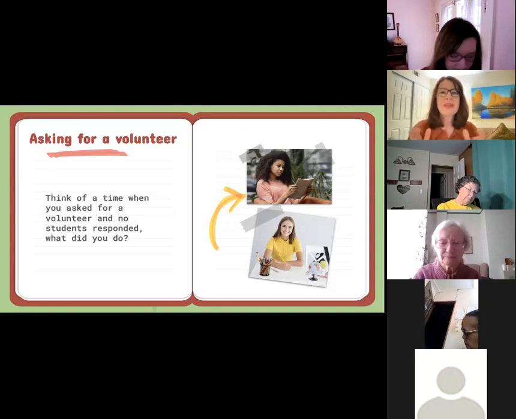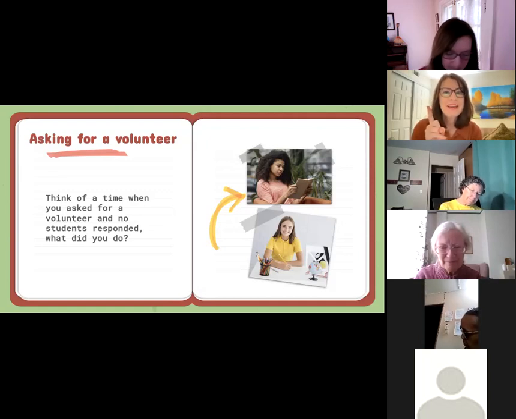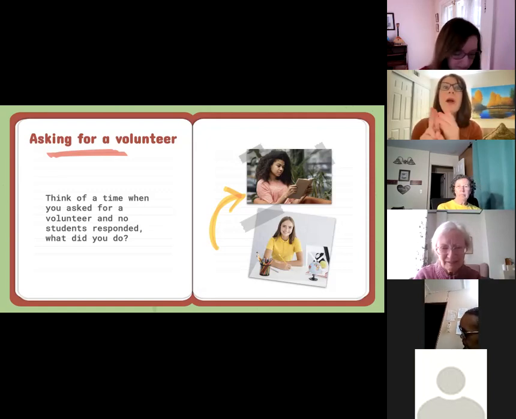We call this word grapple, to grapple. And it doesn't mean we just let them go and flail, but it's this fine line where they try themselves. And so if we make it a little bit easier by saying, okay, instead of sharing with the whole class, you can just share with one other person, and you have some time to think. And then you have some time to pair and share with each other.